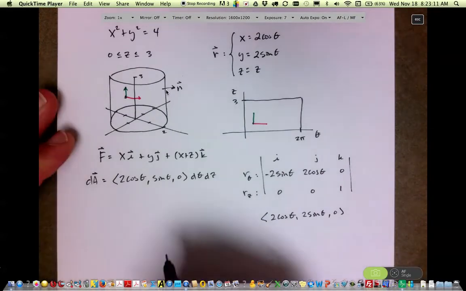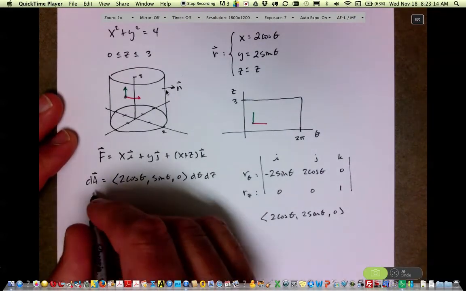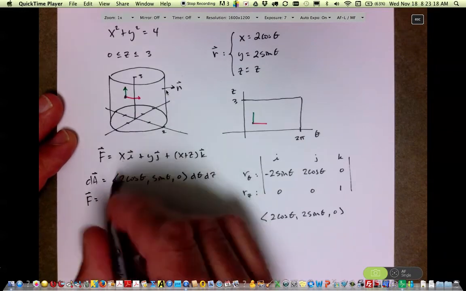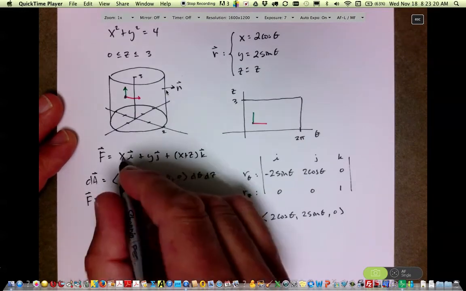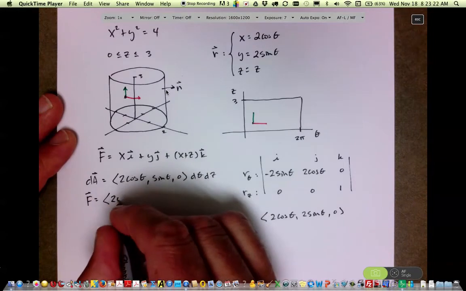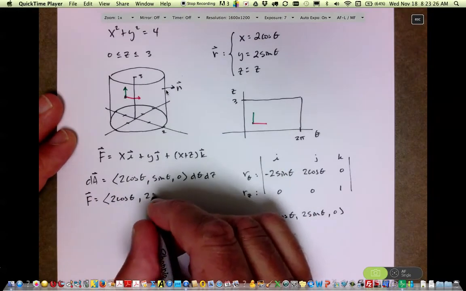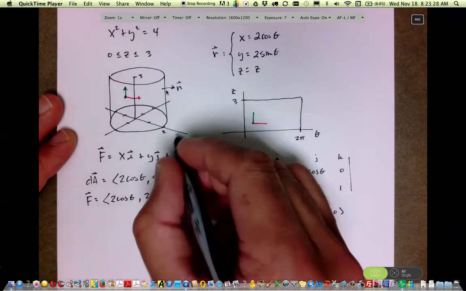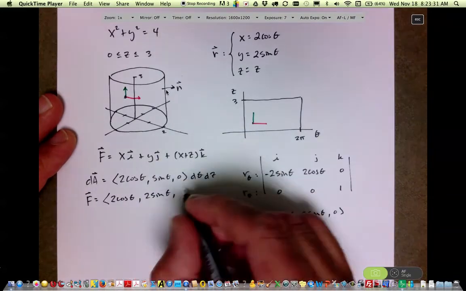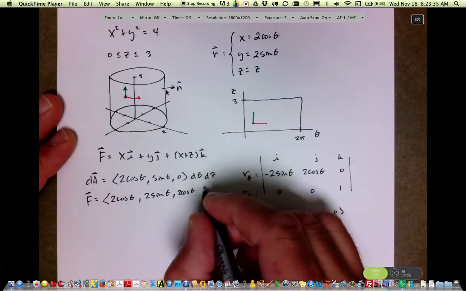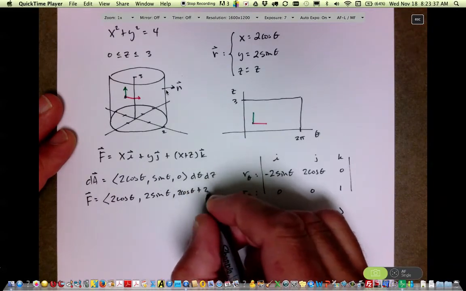Okay, so then we also need to take this vector field and change these to the parameters. x is 2 cosine theta, y is 2 sine theta, and x plus z is 2 cosine theta plus z.